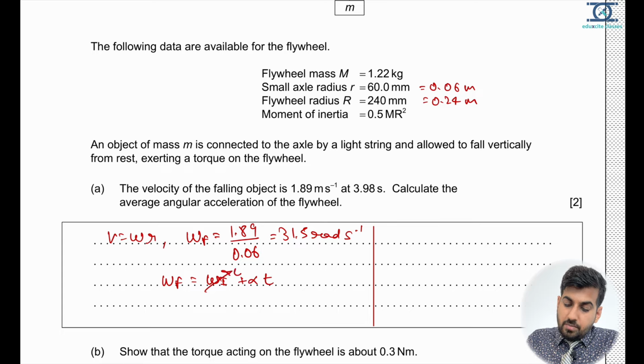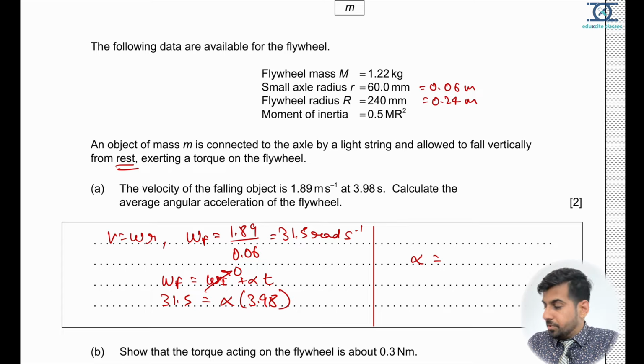Omega initial is 0 because it started from rest, omega f is 31.5, alpha we have to find, and t is 3.98. So if you divide 31.5 by 3.98, alpha comes out to be around 7.91 radian per second square.